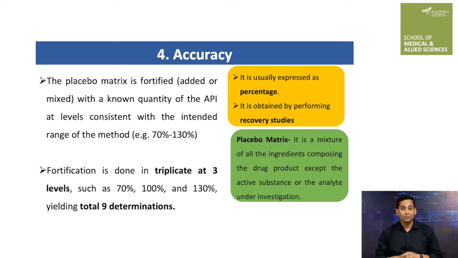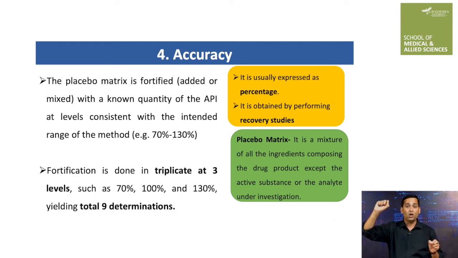For example, if you are performing percentage recovery studies for content uniformity, the amount of added API must lie within the linearity range of 70 to 130%. Fortification or addition of API is done in triplicate at 3 levels such as 70%, 100% and 130%, covering the entire linearity range.